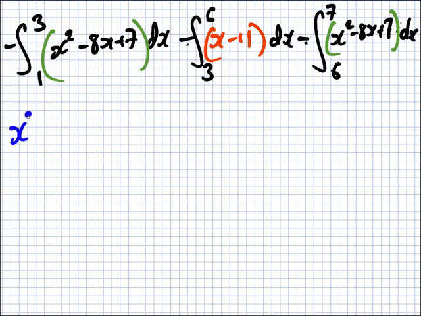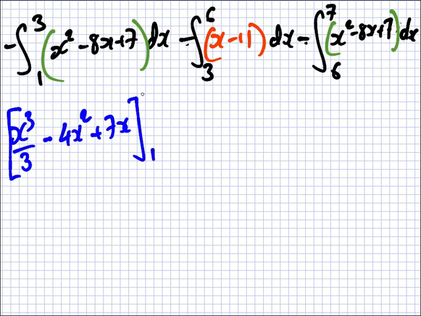So this will be x cubed over 3 minus 4x squared plus 7x, from 1 to 3. Now, I'll put the minus in at the end.